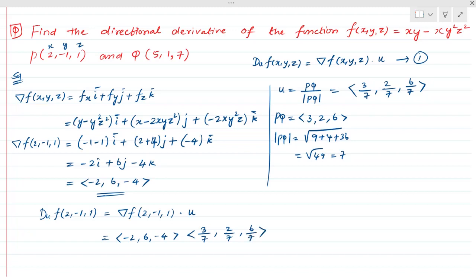When you multiply, you get minus 6 over 7 plus 12 over 7 minus 24 over 7. Over 7 is the common term. When you add these, minus 30 plus 12, which is equal to minus 18 over 7.